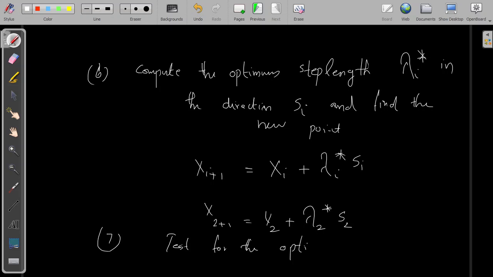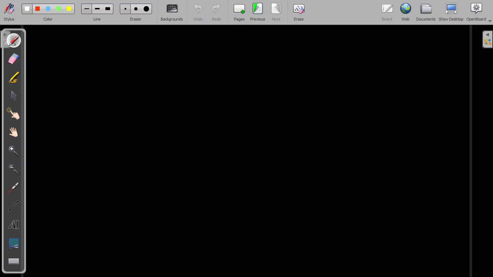If X i plus 1 minimizes the objective function, that is, it gives the optimum solution, then we stop the process.